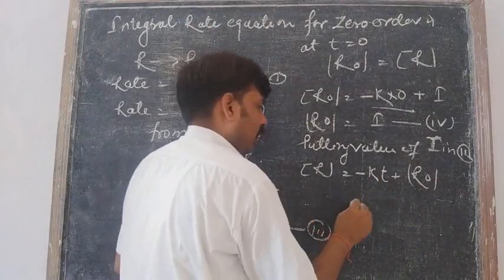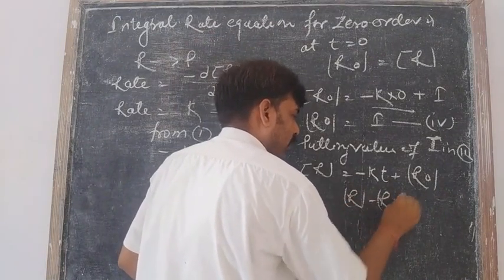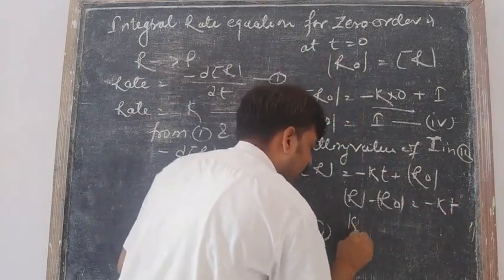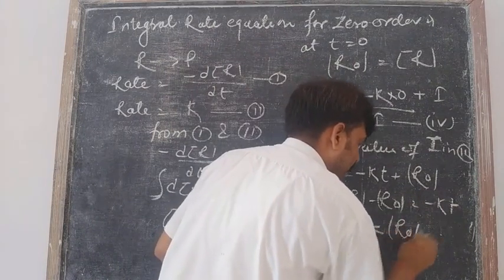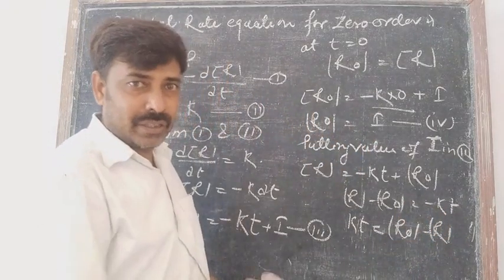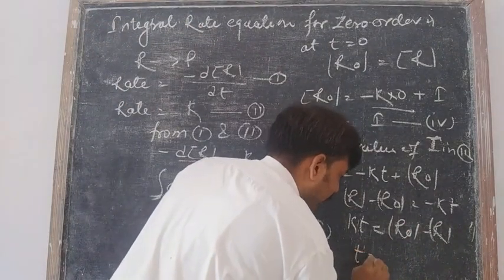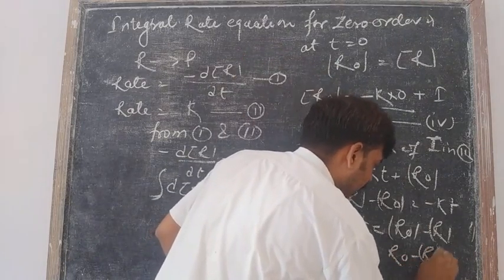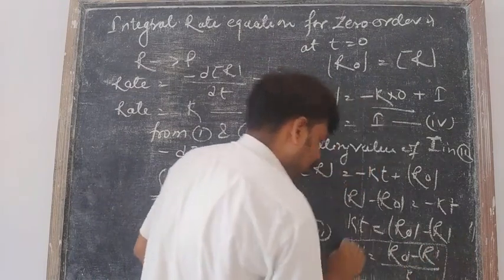It will be R minus R naught equals minus kt, or you can write kt equals R naught minus R. We just multiplied with the negative sign, taking the negative sign common, and t equals R naught minus R by k.